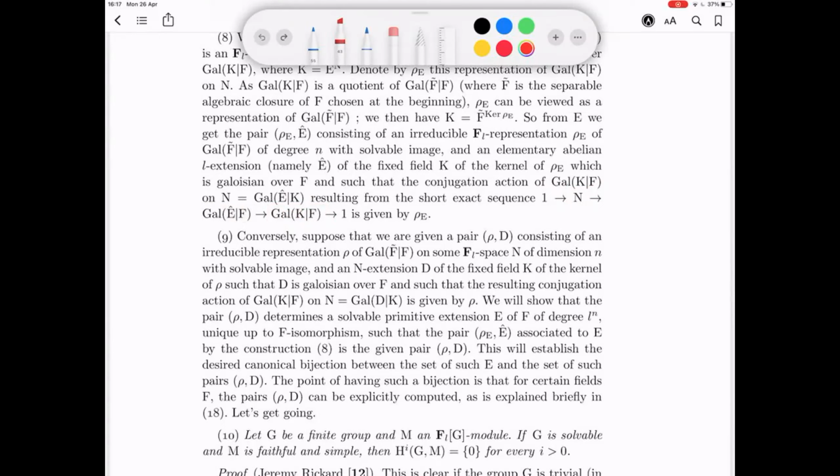And you are looking at extensions of degree L of this field F, which are solvable, in the sense that when you take the Galois closure, the Galois group is a solvable group.